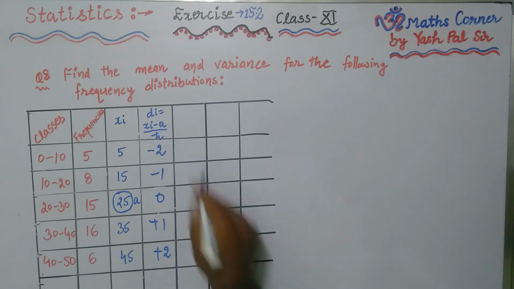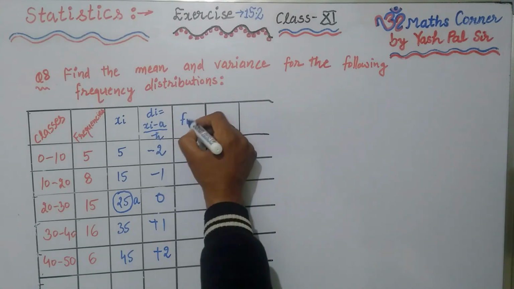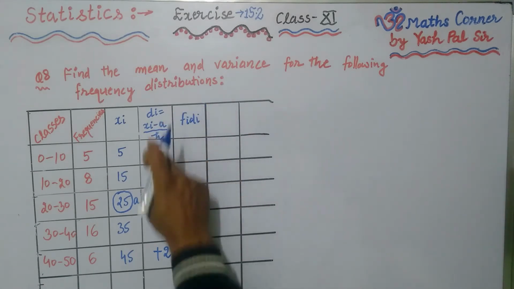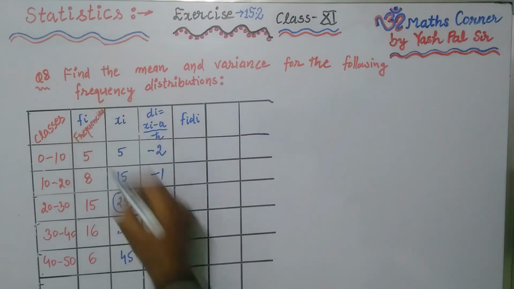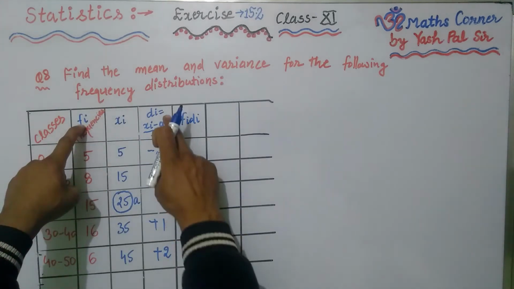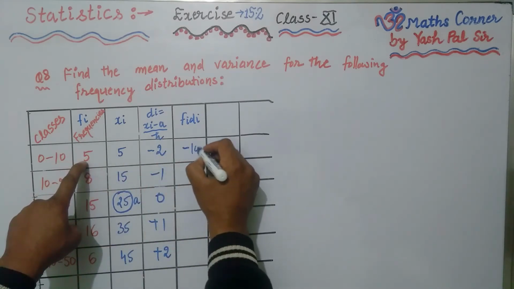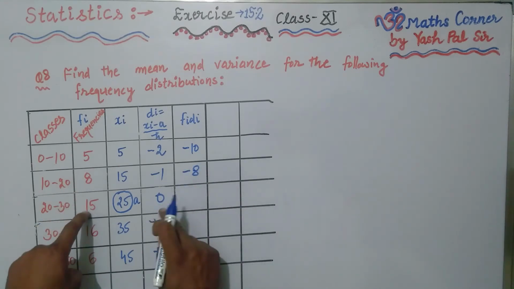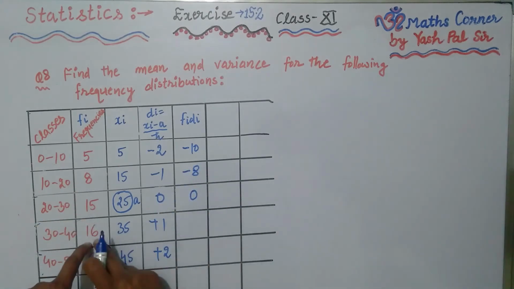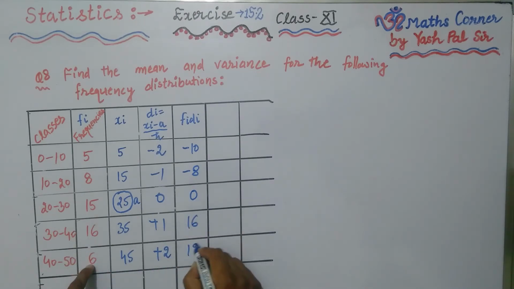Right? Now next we find the product of fi and di. Where is fi? These frequencies are fi. fi and di product: 5 into minus 2 is minus 10. 8 into minus 1 is minus 8. 15 into 0, 16 into 1, 6 into 2 is 12.